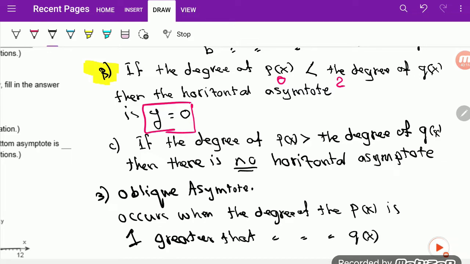Check p of x. It has to be 1 degree higher than the q of x.